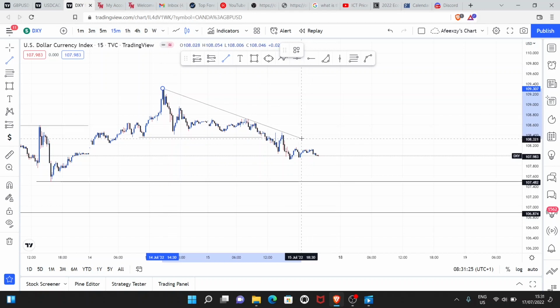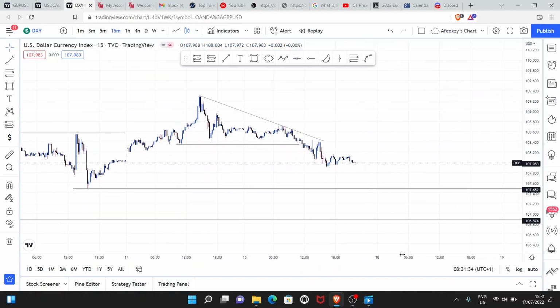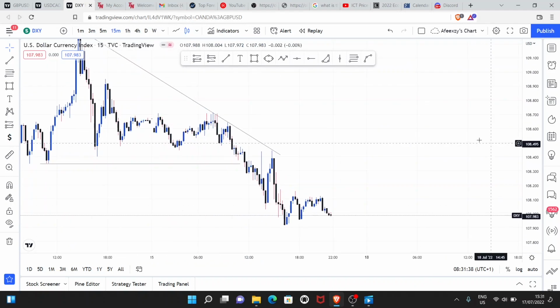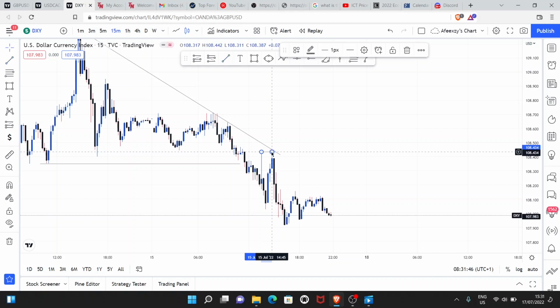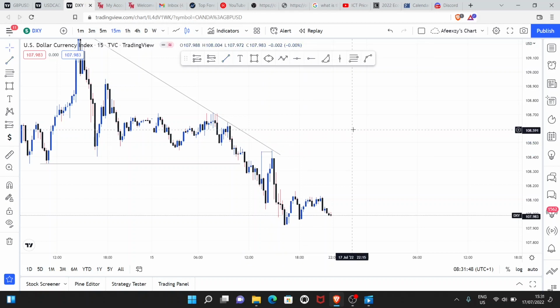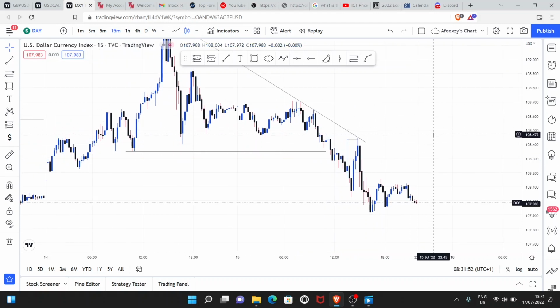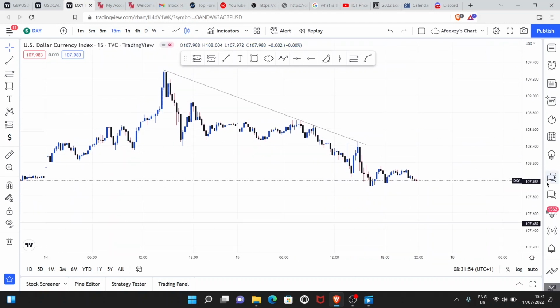That's it for today. So this is a very nice shot from here. Clearing out a little bit of liquidity. Wow, nice. So let's see how it plays out next week.